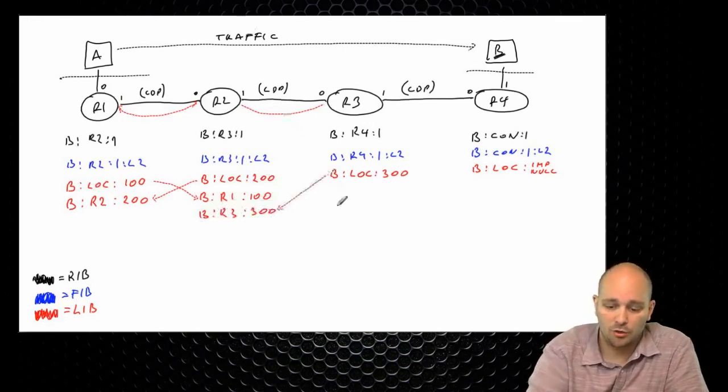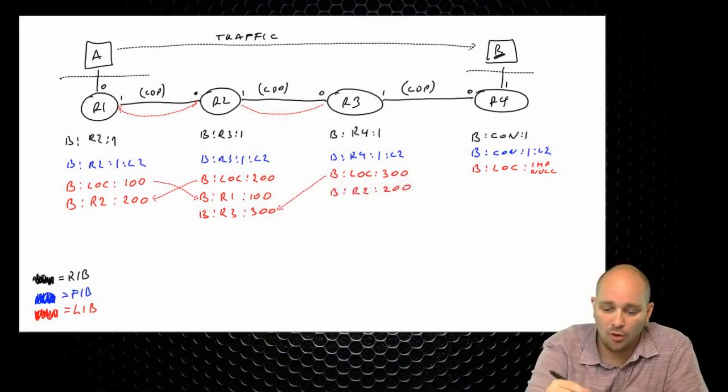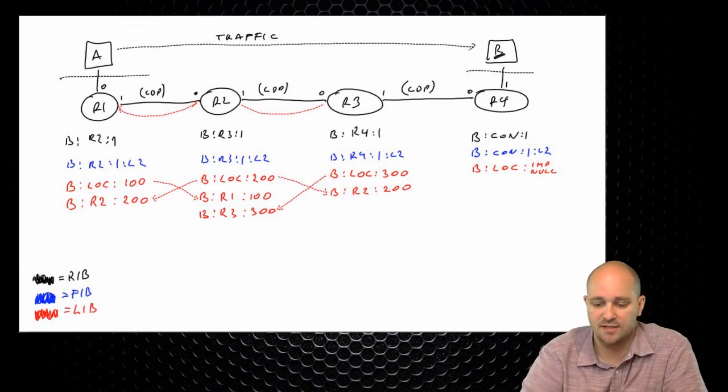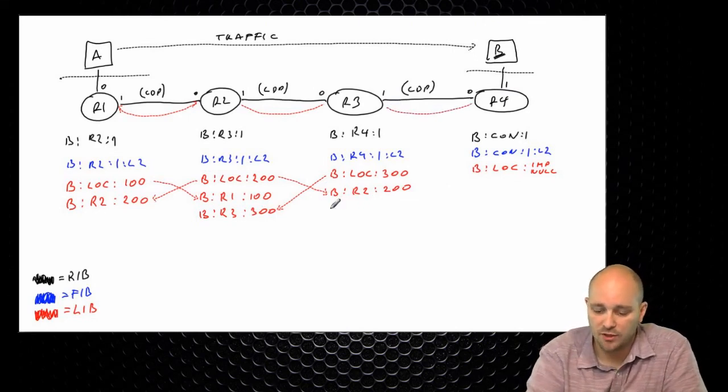Now R2 is going to tell R3, hey, if you want to reach B, you can do it through R2 with the label of 200. Keep in mind that only local information is sent. So this information is sent here. Now R4 and R3 establish their connection, and here we get the information that B is reachable through R4 using the implicit null.